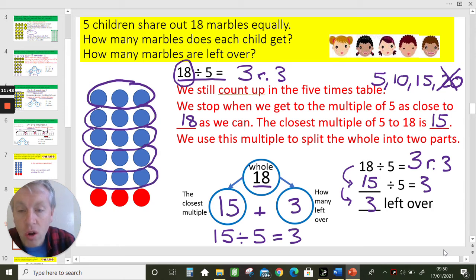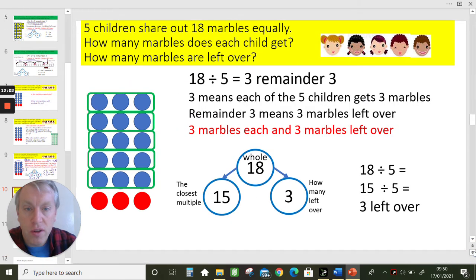Everyone, look, we've got 5 times 3. There's 5 friends, they each get 3, but there's 3 left over. I can't share those 3 out fairly, so they are left over. 3 marbles each, and 3 marbles left over.